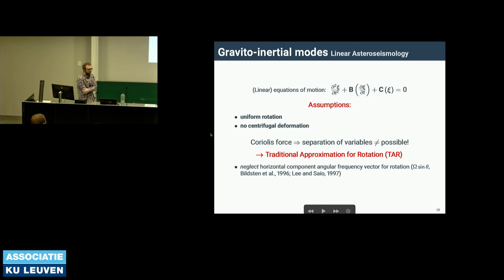So the findings from our studies should be okay up to 60% critical rotation, and then afterwards, well, it really depends on how much your mode cavity is deformed, and I can't say too much more about that right now. It would be very interesting to develop future theory that can take that into account.